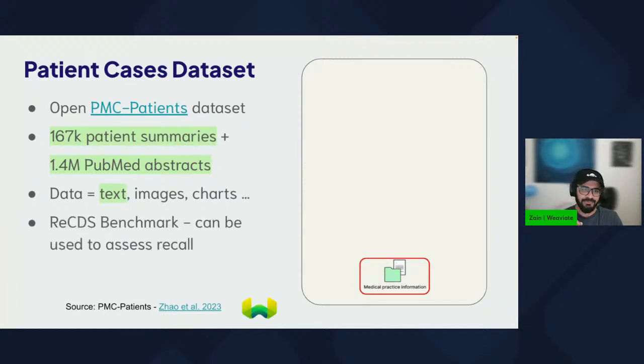And the great thing about this data set is that it's actually a retrieval benchmark data set. What that means is you have the ground truth retrieval results from this. So if you have a patient, the data set tells you these are the 5 ground truth patients that are the most similar to this one patient.